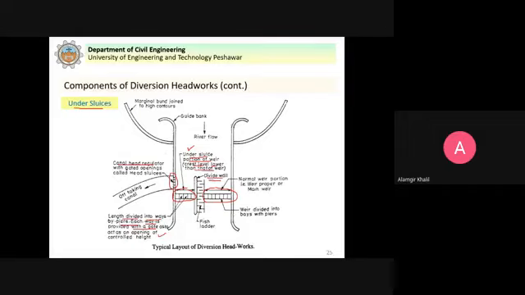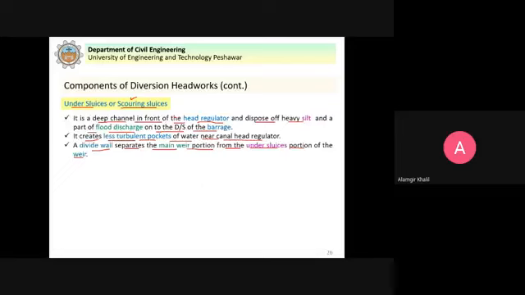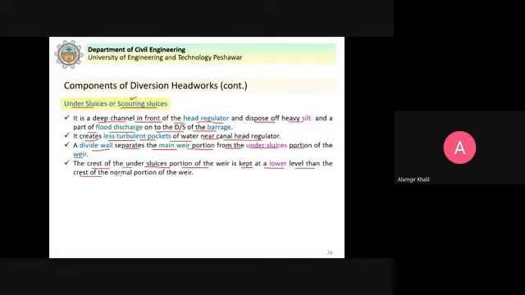It separates the under sluice portion of the weir from the normal weir portion, that is the weir proper or main weir. The crest of the under sluices portion is kept at a lower level than the crest of the normal portion of the weir.